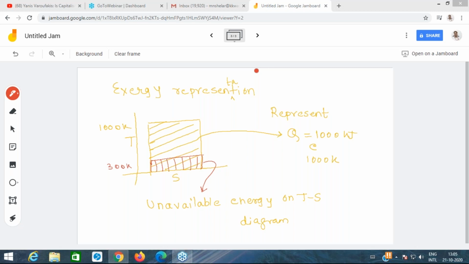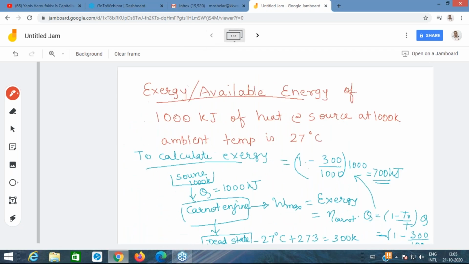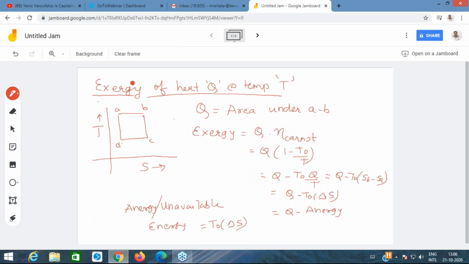Okay, let me go to the initial diagram. See, on the board, you see the area ABCD. Let me just finish this diagram. I will call this EF. Area ABCD is the available energy.